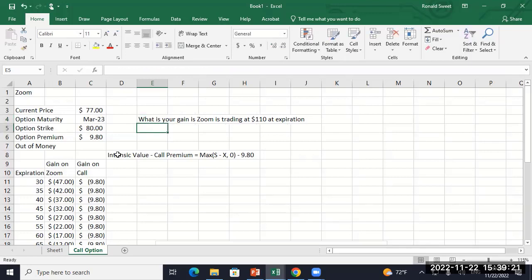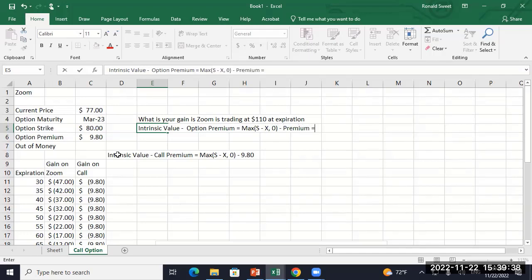So how do you do it? Remember, your gain is going to be intrinsic value minus the option premium. It's going to be max of stock minus strike, comma 0, minus the premium. It's going to equal max of 110 minus 80, comma 0.